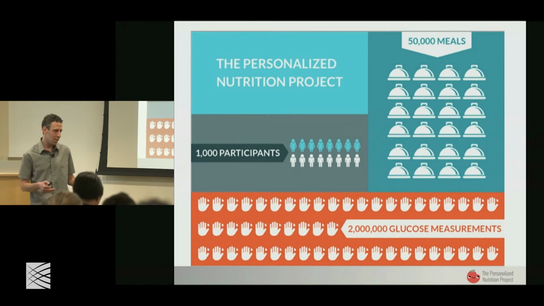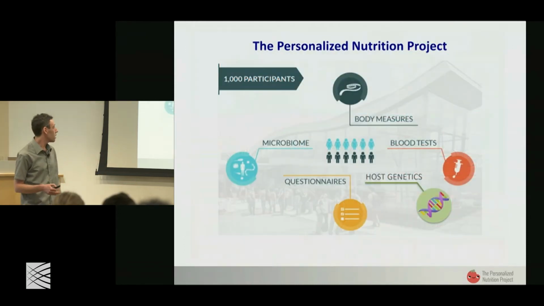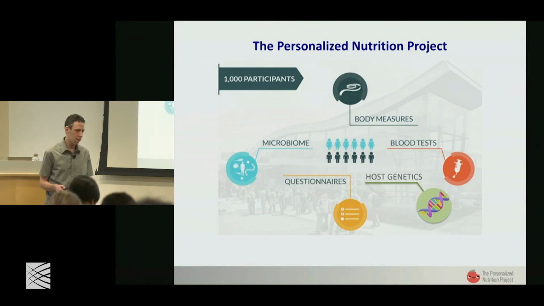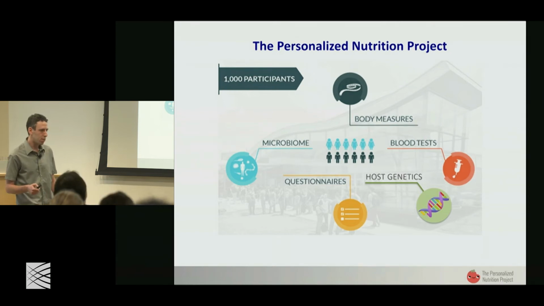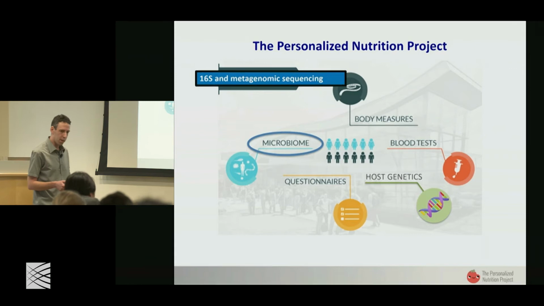And what we did is a specific study, which is a part of this large project. And more specifically, let's look at the data that we had in our study. So we had about 1,000 participants, and for every participant, we had profiles of their gut microbiome collected using 2 different techniques.